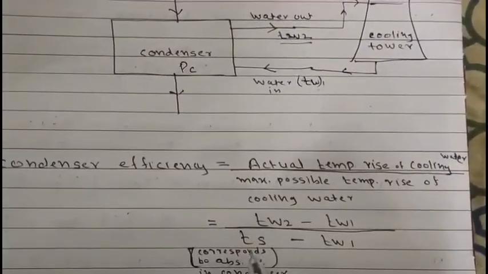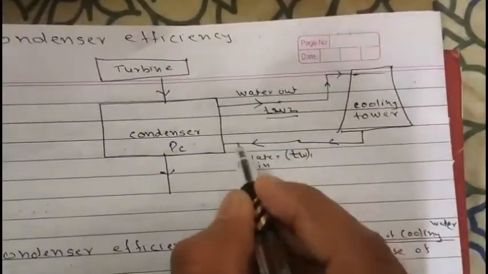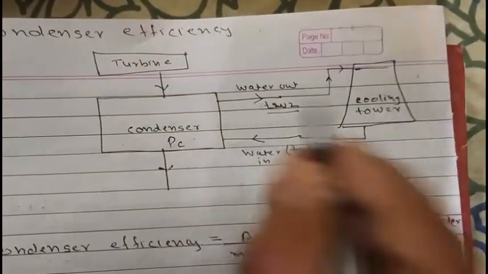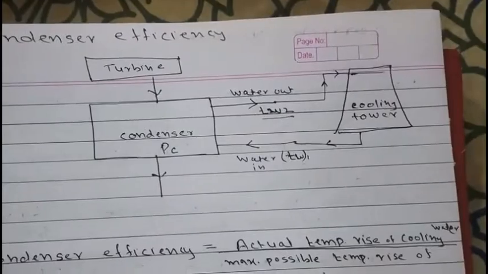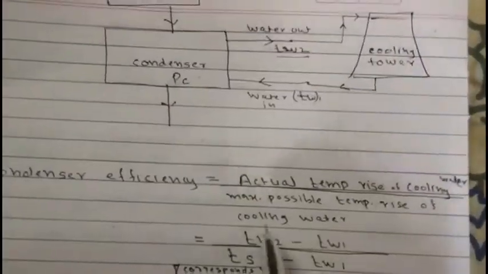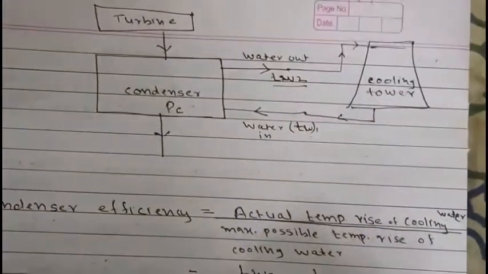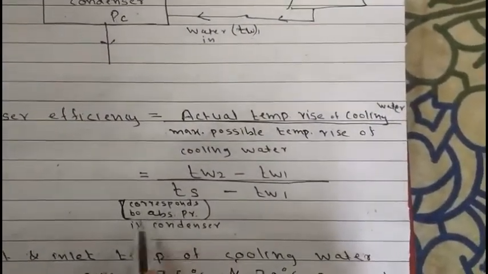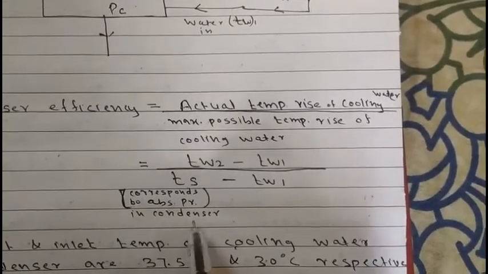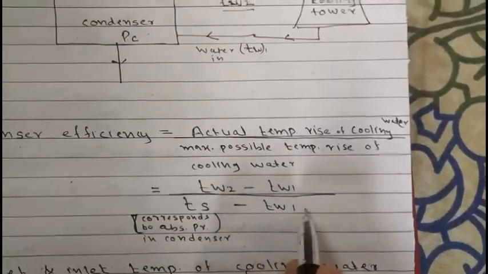That will be the maximum temperature to which the water can be heated. So the maximum possible temperature is equal to TS, the saturation temperature corresponding to the absolute pressure inside the condenser, minus TW1.